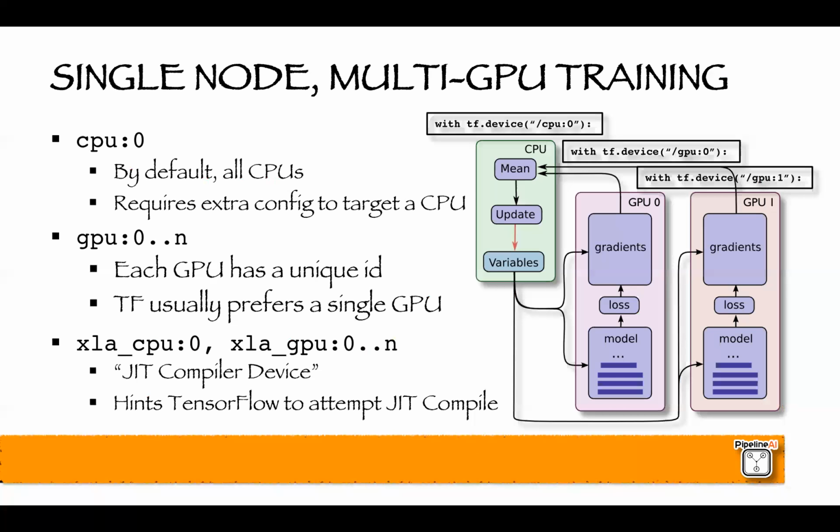By default, TensorFlow tends to feel that, especially for toy examples, a single GPU is plenty fast, and it doesn't need to do the distribution. So this single node multi-GPU setup is a form of distributed TensorFlow. It's not across a network.